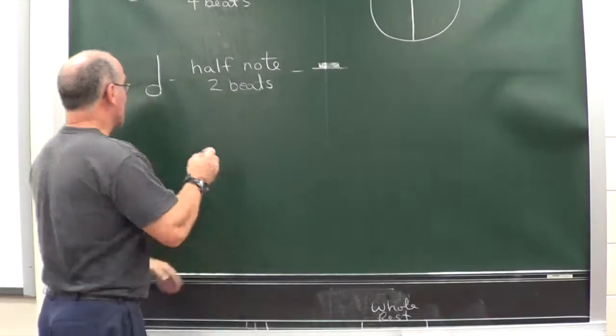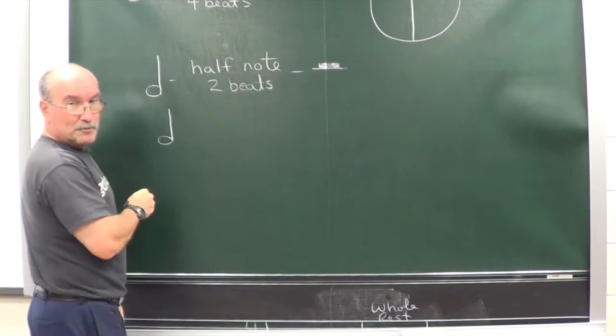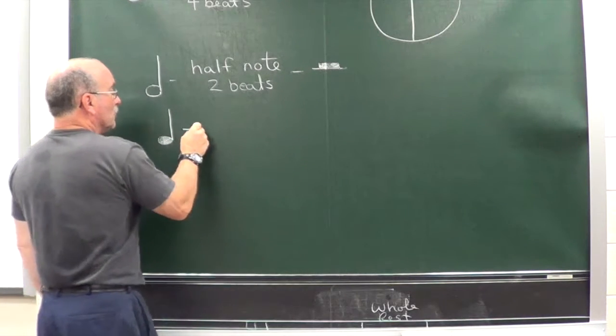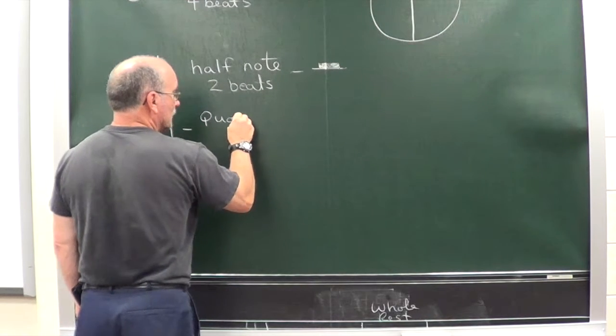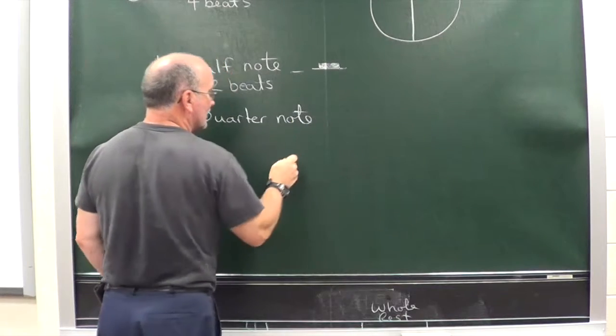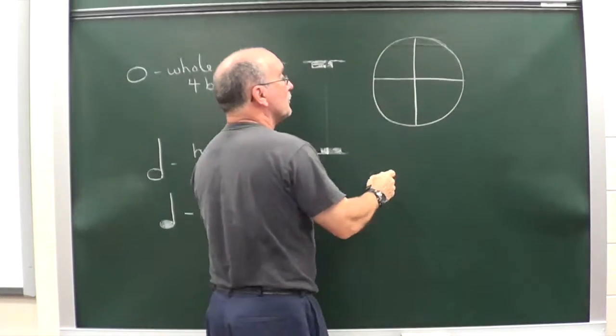Now let's continue on this concept. We have the whole note, we have the half note, adding a stem, and then by filling it in, we now have what is known as the quarter note. Well, if you continue on with this, you've been following this logic, then the quarter note only gets a quarter of the whole thing.